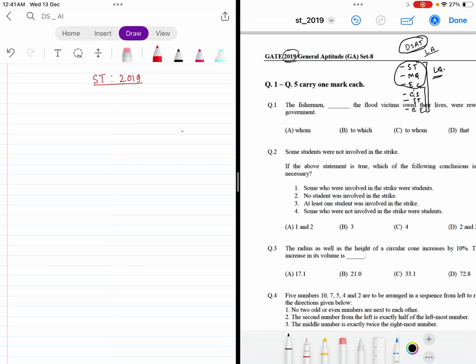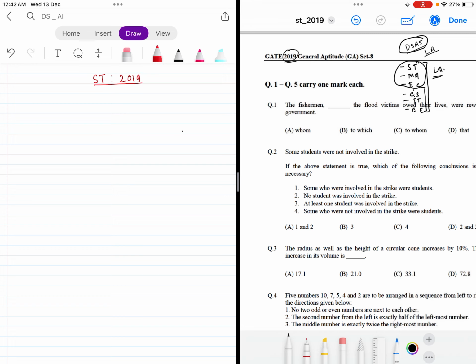Obviously in the statistics paper, probability and statistics are the core thing. So here you will get questions that have a difficulty level, right? It would not be easy to solve all these questions without clear concepts.